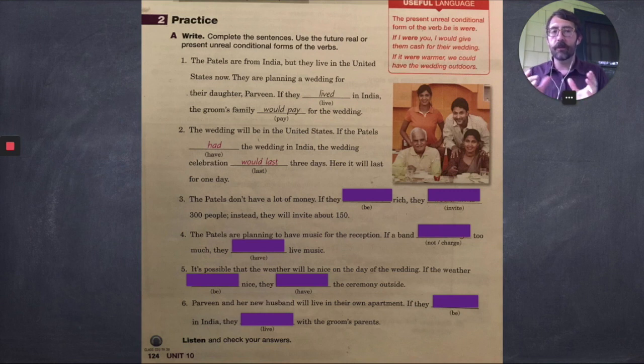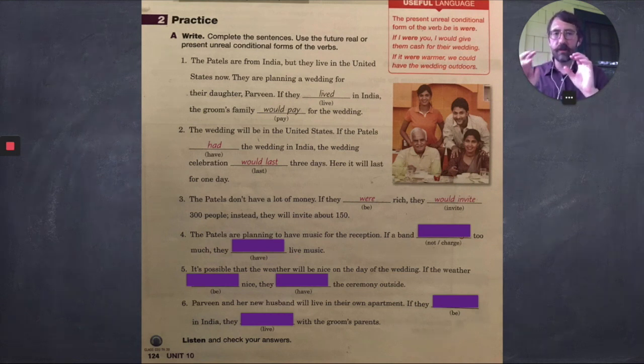Our verb is be, and in the present unreal, we're going to use were. So if they were rich, they, again present unreal, would invite 300 people. Instead, in reality, what is going to happen is they will invite about 150. Can you see the difference now? Can you begin to see the difference between present unreal and future real?